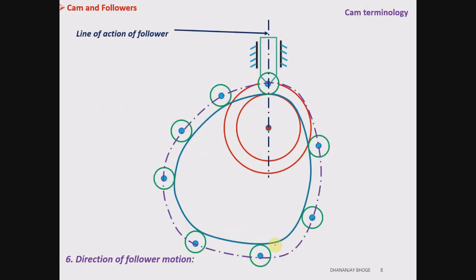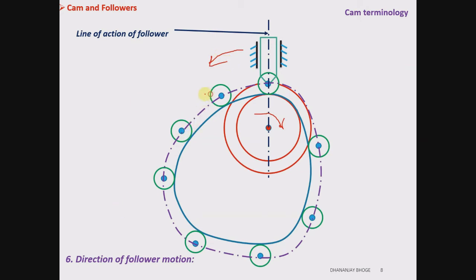Now direction of the follower motion. Now this is the line along which the follower will reciprocate as the cam rotates about its axis. So this line is called as line of action of the follower. Now according to the principle of kinematic inversion, if we held the cam stationary, follower is rotating in opposite direction of cam rotation over the surface of cam profile.